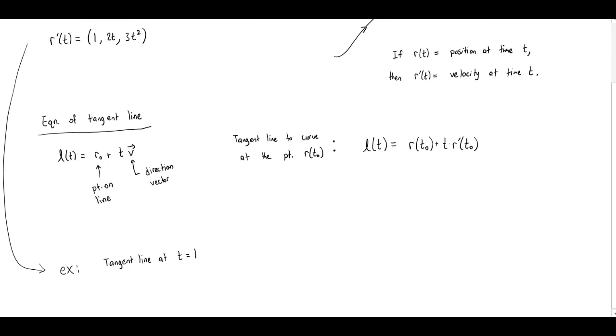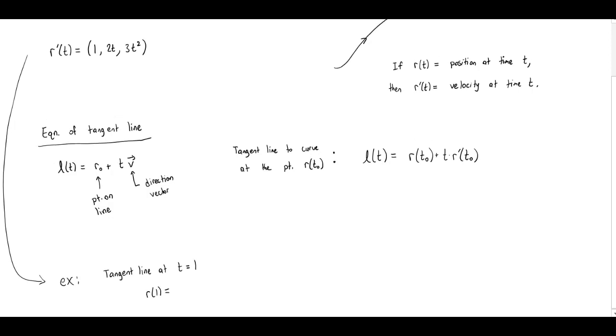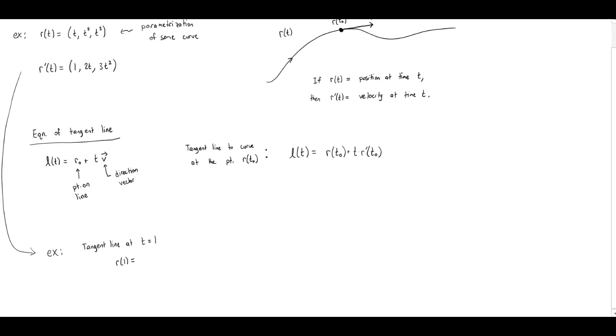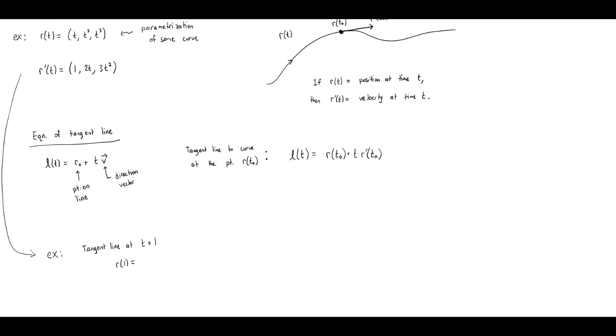We're going to need the point on the curve at time t equals 1, and then we need the direction vector at time t equals 1. So we'll plug 1 into the original r of t, and you're going to get 1, 1, 1. Then we also need to plug 1 into the derivative, and we're going to get the vector 1, 2, 3.